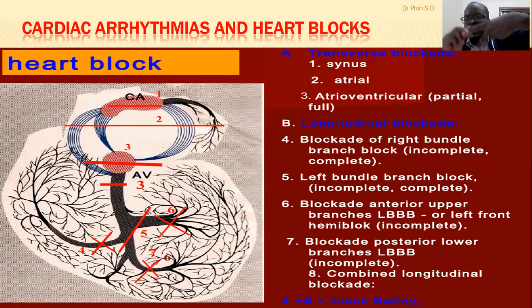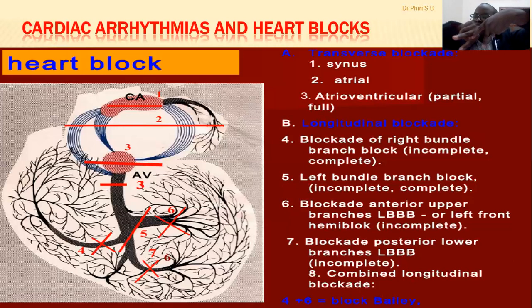So you have the left bundle branch of His and the right bundle branch of His, but the left bundle branch of His is also going to divide into 2, forming the anterior and posterior. So the anterior is supplying the anterior aspect of the heart, then the posterior is supplying the posterior aspect of the heart.